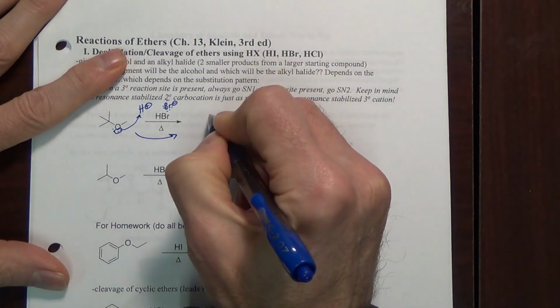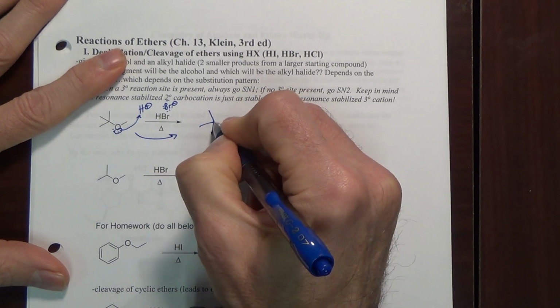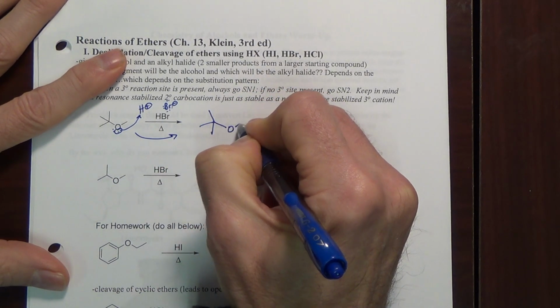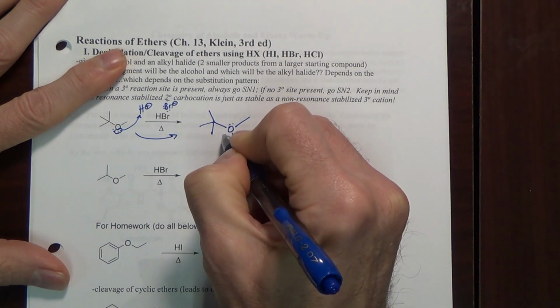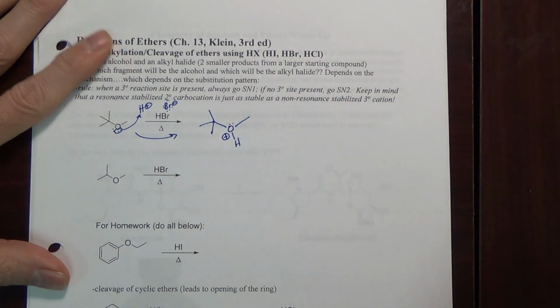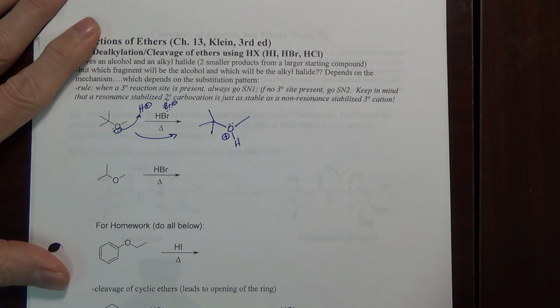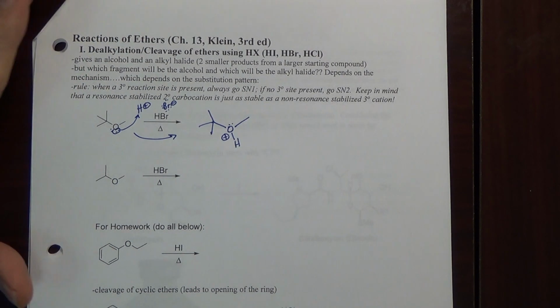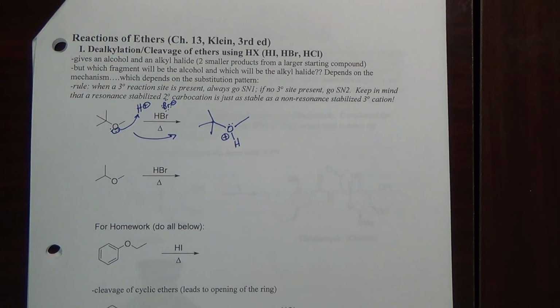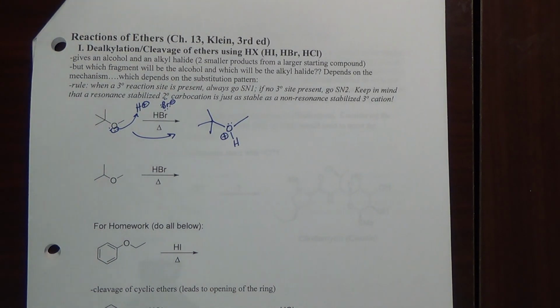Protonate the oxygen, just like you protonated an alcohol. You know, make it more generic: protonate the oxygen of an alcohol, protonate the oxygen of an ether. Really no difference.